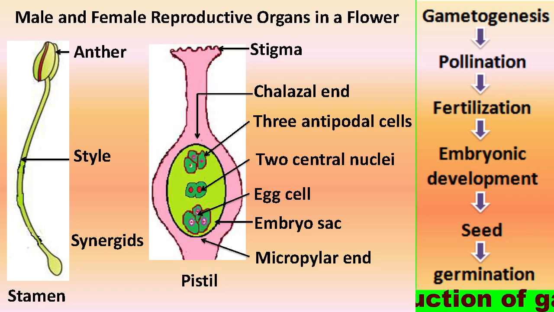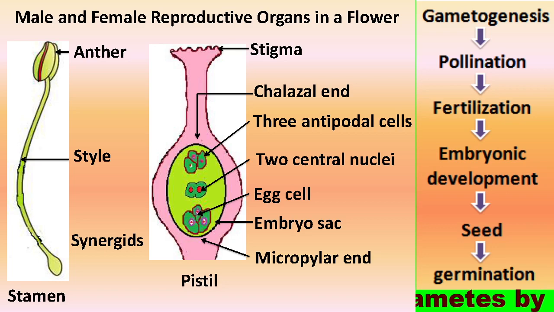The male reproductive organ is known as the stamen and the female reproductive organ is known as the pistil. You can see in this figure male and female reproductive organs are given with different anatomical parts of these.